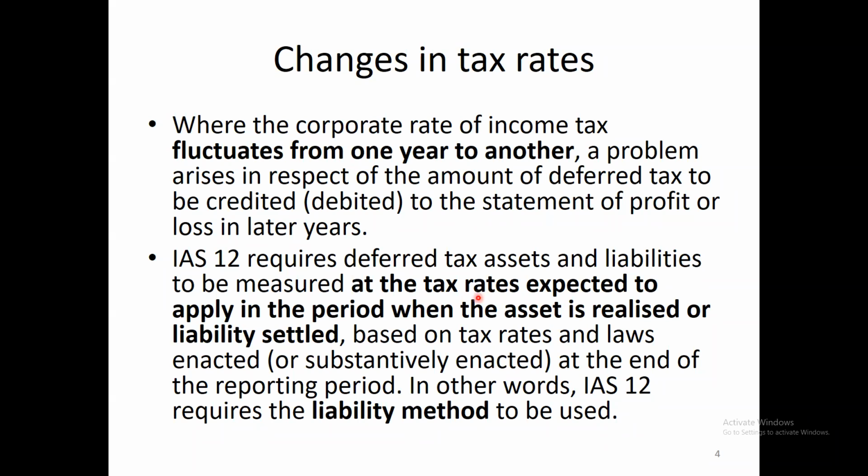So this year 20%, the new government has announced that next year tax will be 24%, and we have to make provision for deferred tax at the new rate, the tax rate expected to apply in the period when the asset is realized or liability settled, based on tax rates and laws enacted or substantively enacted.